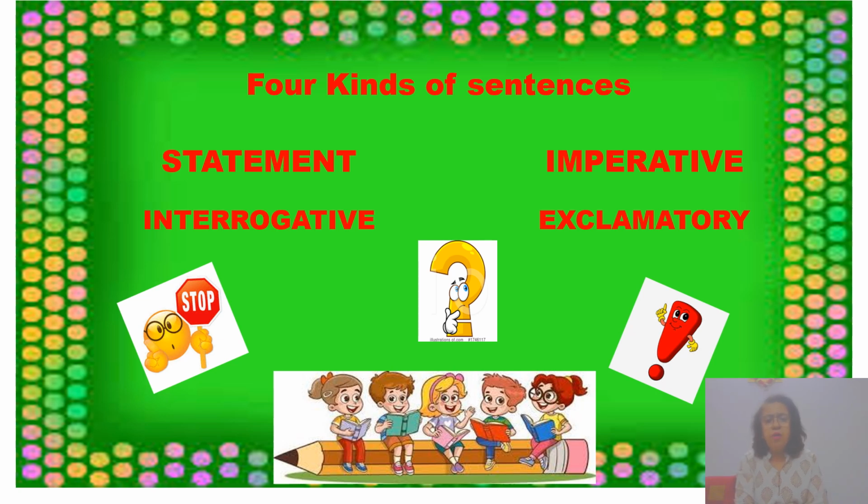So be careful when you are writing or speaking. Be careful of your pronunciations and spellings. So once again, I would like to read to you the four kinds of sentences: statement, imperative, interrogative, and exclamatory. So these are the four kinds of sentences that we are going to learn about in the coming slides.